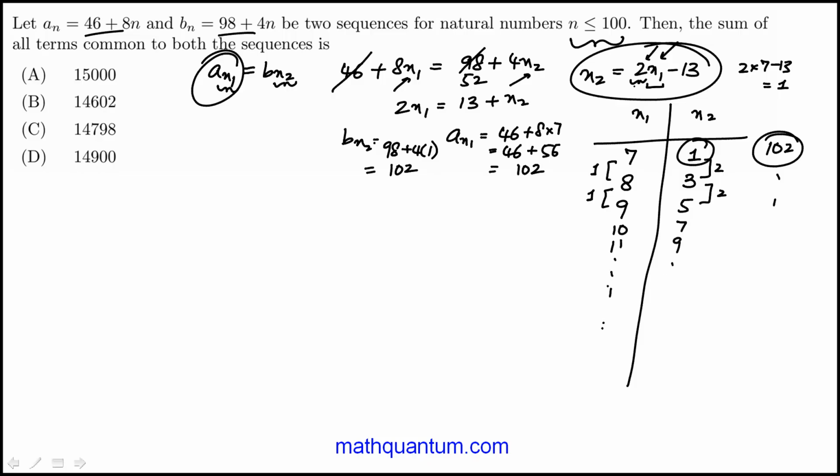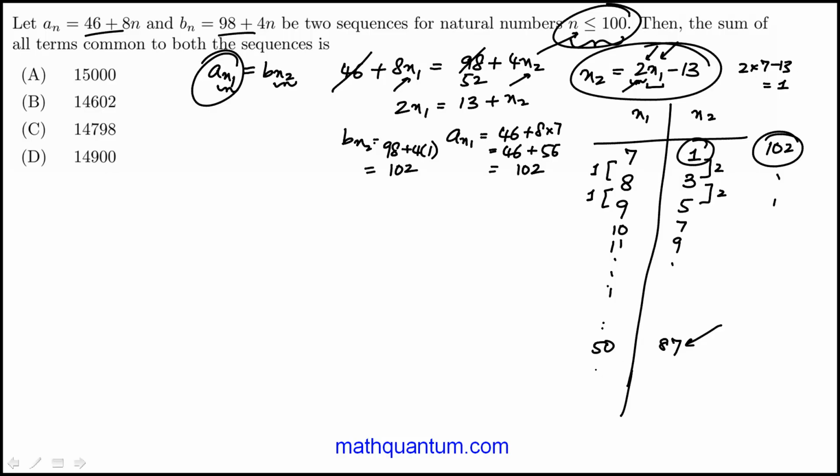And then we just need n here to be less than 100. So for example, if I roughly guess, let's say n1 is 50, then n2 would be 100 minus 13, which is 87. So I can go higher here, because I'm also limited by this not exceeding 100 because of that constraint here.